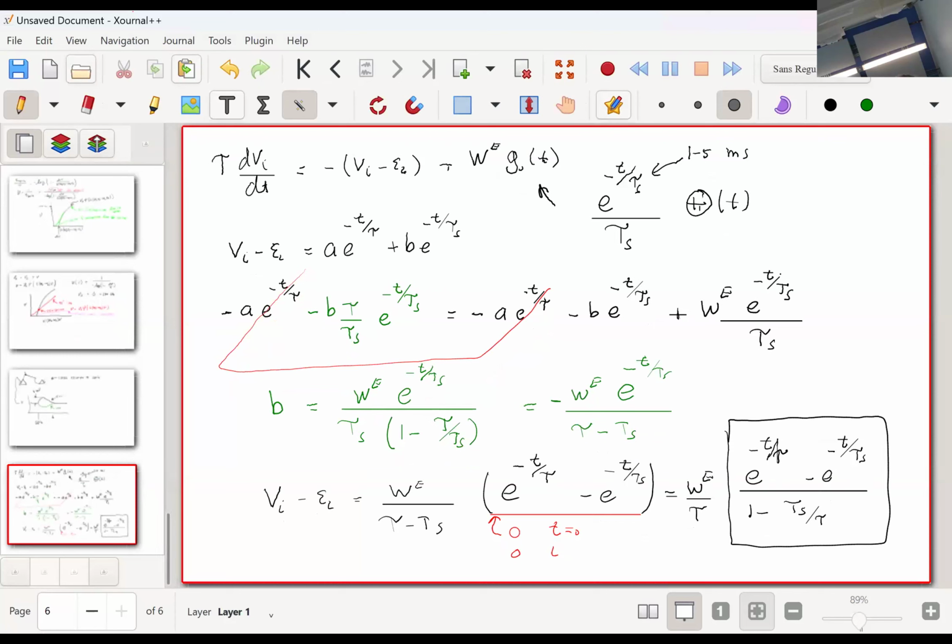It's 0 as t goes to infinity. And somewhere in between it has a maximum. So we plotted it, it looks like this. It goes up and comes down, okay? We want its maximum.